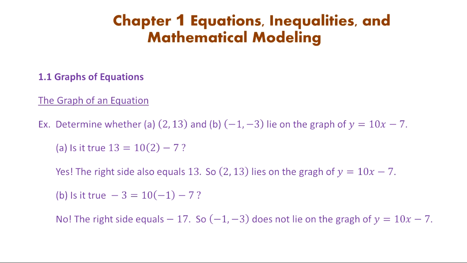So on the right side, we got -10 minus 7, which is -17. So this equation does not hold. That means the point (-1, -3) is not on the graph of the equation y equals 10x minus 7. All right? Very simple.